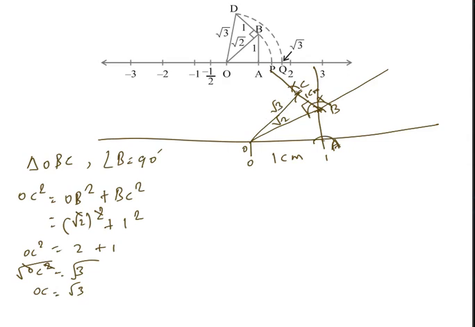So if we take this length and draw an arc from the origin over this point, we will get root 3 in this area. Root 2 will come here, root 3 will come here.